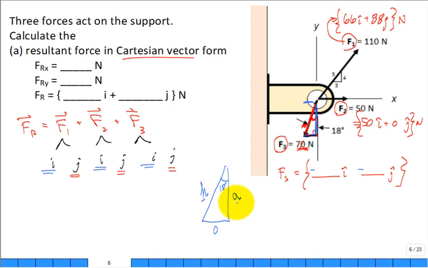And then I remember, oh, if I'm looking for the magnitude of the opposite length or force magnitude, it's the hypotenuse times the sine of my 18 degrees. Or the magnitude Fx is equal to the 70 newtons times the sine of 18 degrees.